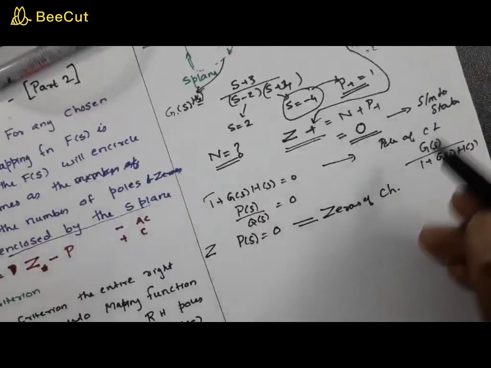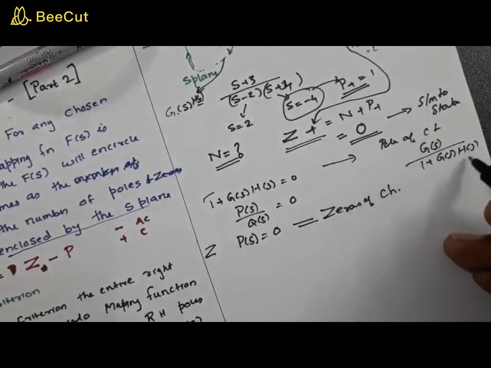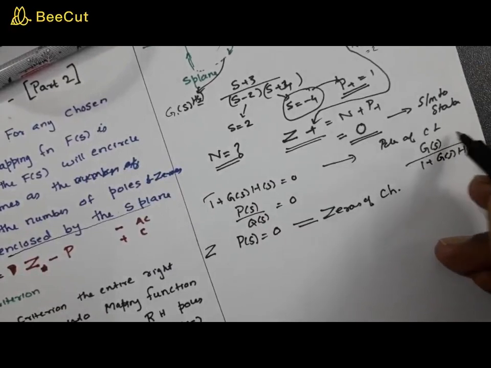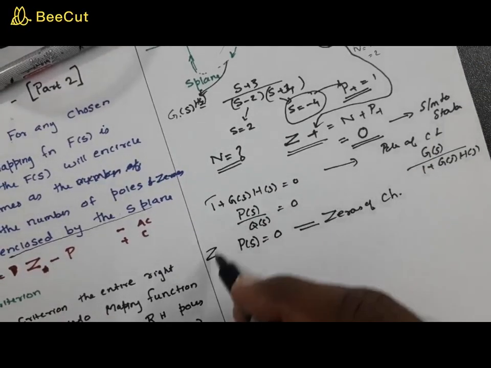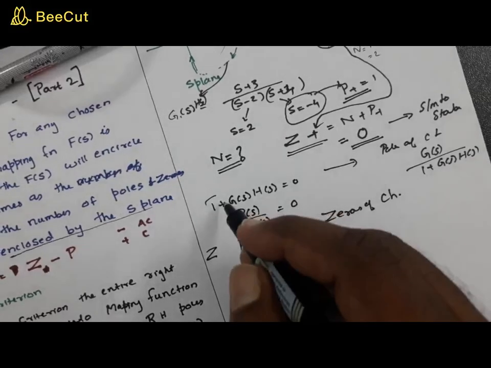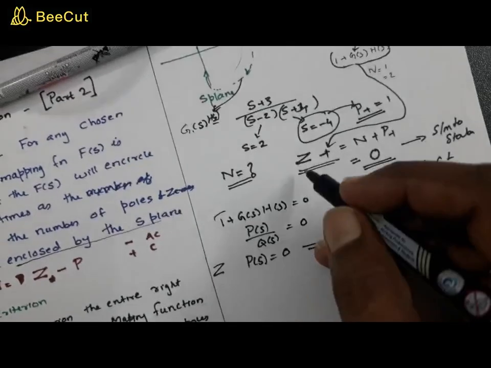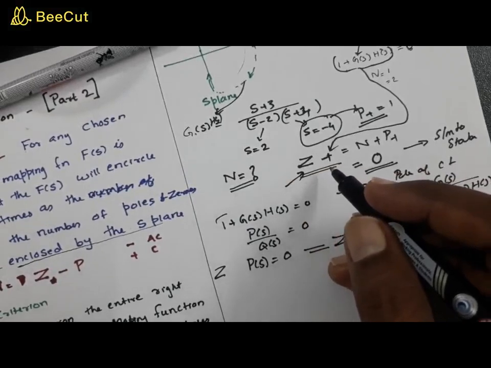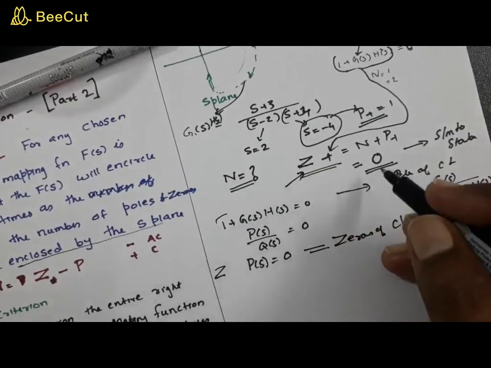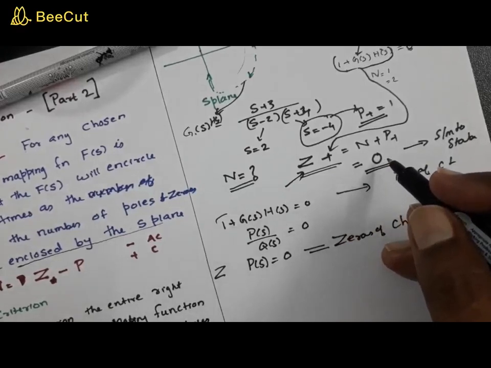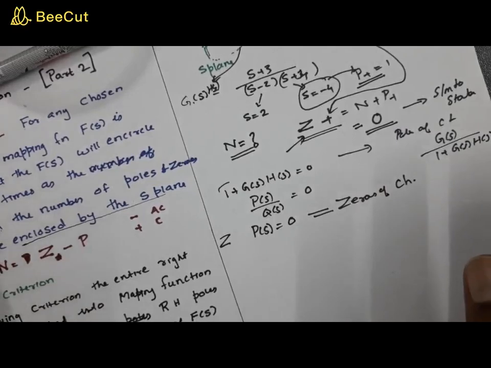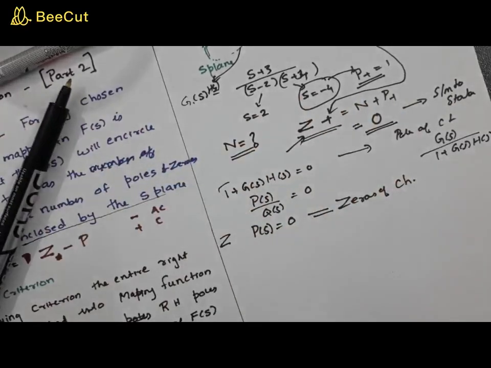So when I say the poles of this closed loop transfer function, I mean right half poles; there should not be any right half poles for this closed loop function. What I am saying is there should not be any zeros of the characteristic equation. So that information is what you will get from the Nyquist stability criterion. And if it is equal to 0, then you can say that the system is a stable system. Okay, you will understand this when we do problems.